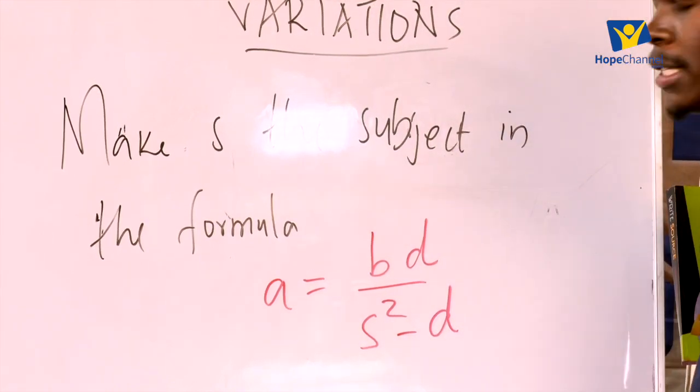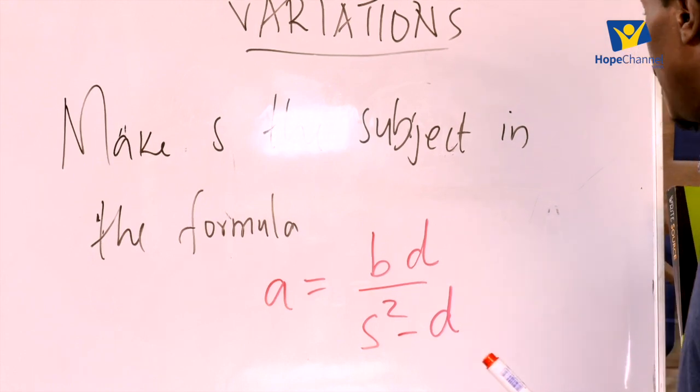A is equal to bd over s squared minus d.